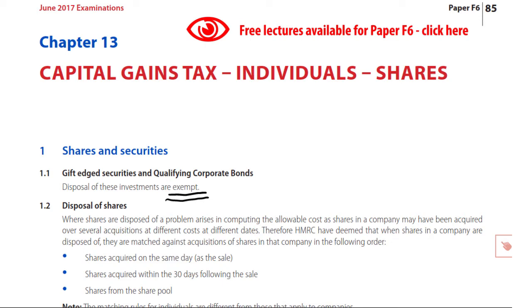And there's two prices, and you take a simple average of the two. The mid price is what you take. So, in terms of getting the disposal consideration, it's simple enough. Either it's the figure given within the question for unquoted, or if they don't give it to you, again for quoted, then they would give you the closing prices on the day and you take the mid price.